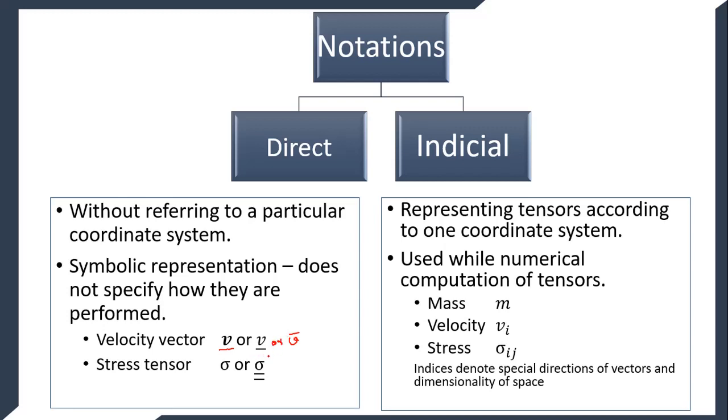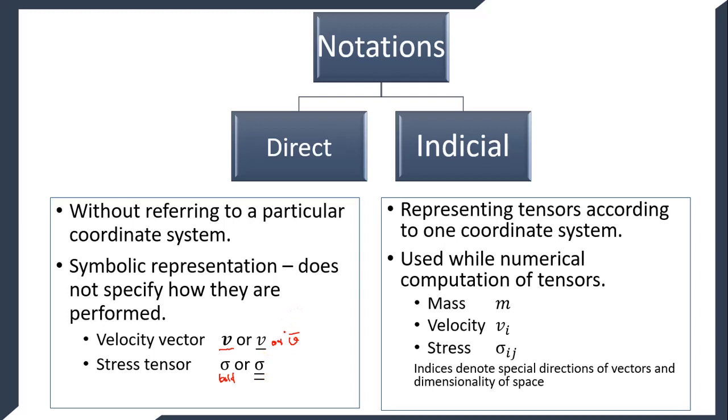Direct notation we can use to specify a vector, and to specify a tensor we use a bold letter in typing, or while in writing we denote a tensor by 2 underbars.